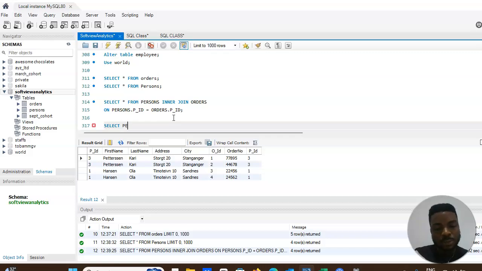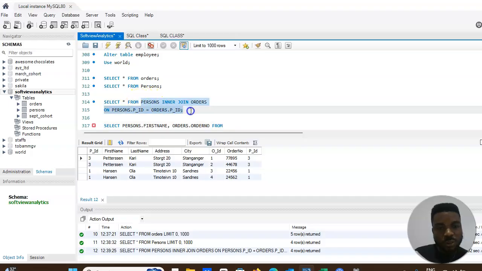So I'm going to say select persons.first name, comma, others.order number, right? Order number from, so I can now copy all of these from all of these, right?